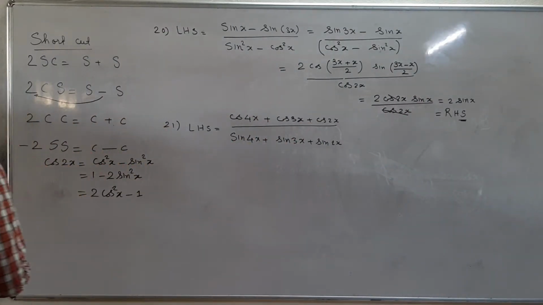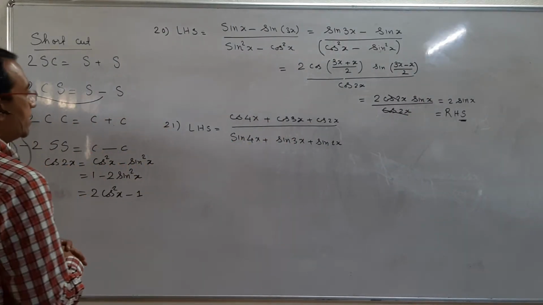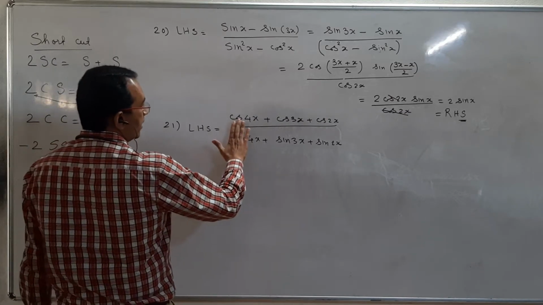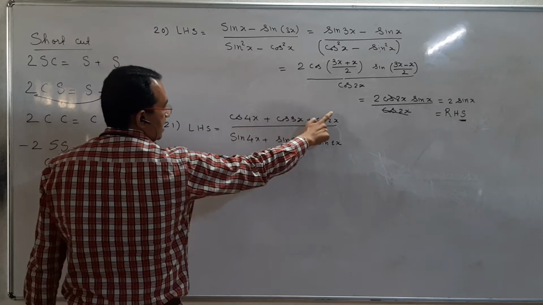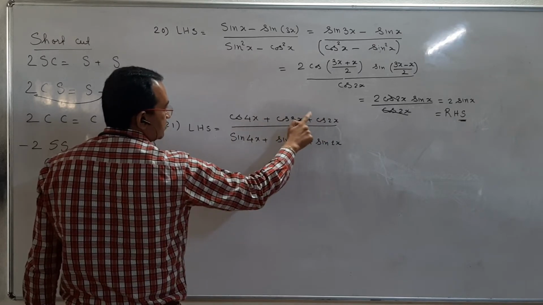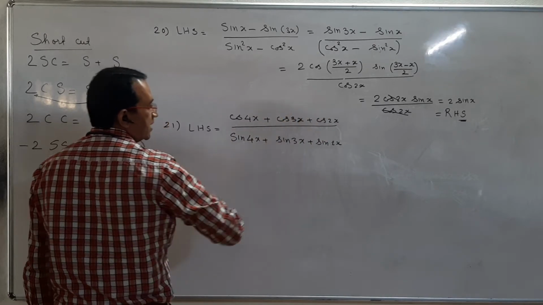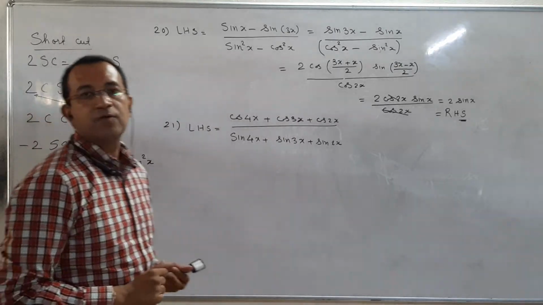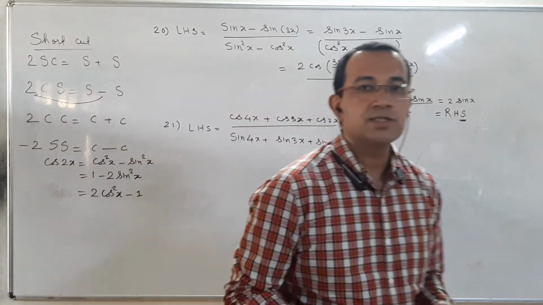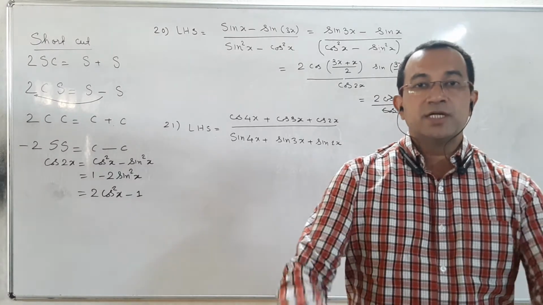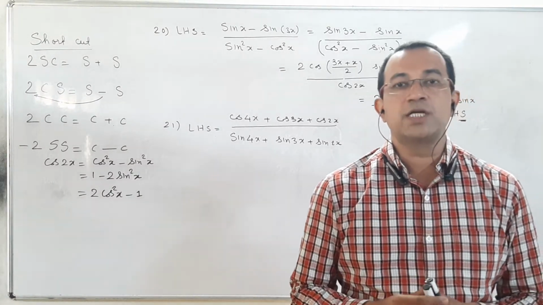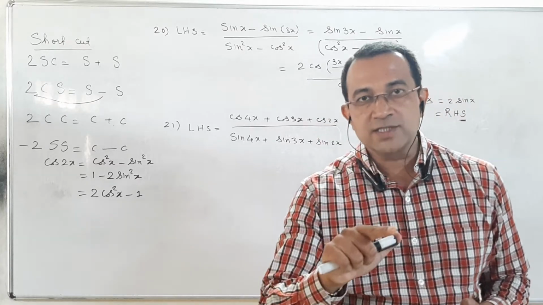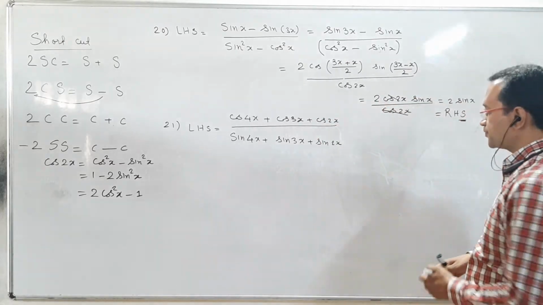Now, students, sum number 21. Whenever 3 terms are given, generally we take first and last one because addition of the angles by 2 gives us 3x, and 3x is the angle for the middle term. So in this type of sums, generally students, we group the first and the last one.